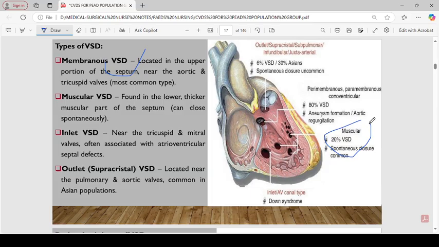The third one is the inlet ventricular septal defect, near the tricuspid valve and the mitral valve, often associated with other atrioventricular septal defects. Lastly, we have the outlet or supracristal ventricular septal defect, located near the pulmonary and aortic valves, common in the Asian population, and you can see it here.